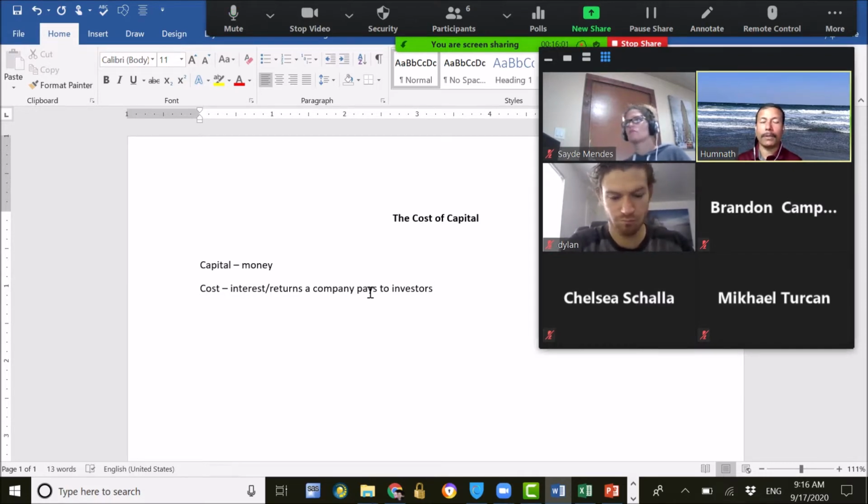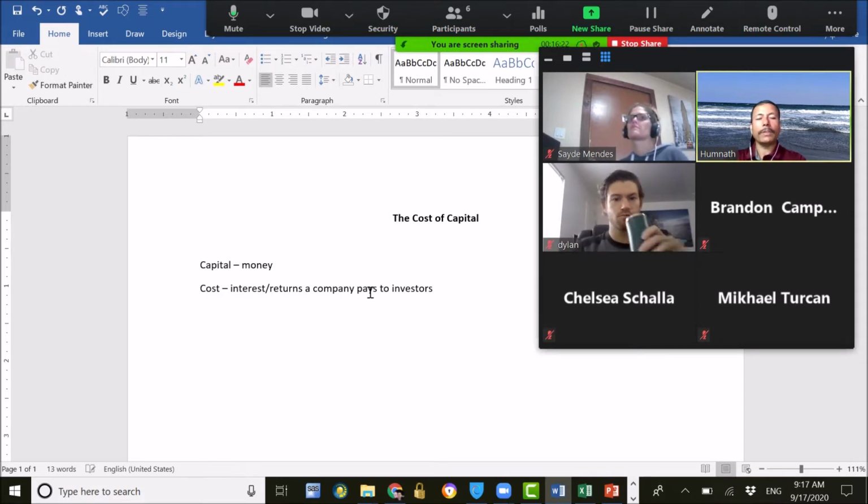That's capital. The money you borrow from the bank is capital, and the interest rate you pay to the bank is the cost. So cost of capital is simply the rate of return or the interest rate a company is going to be paying to its investors.